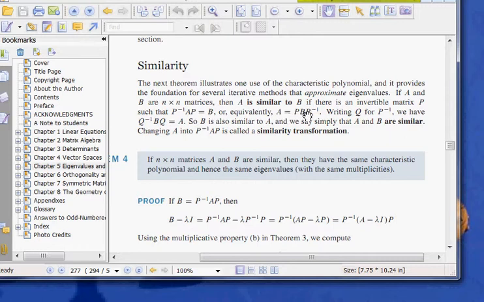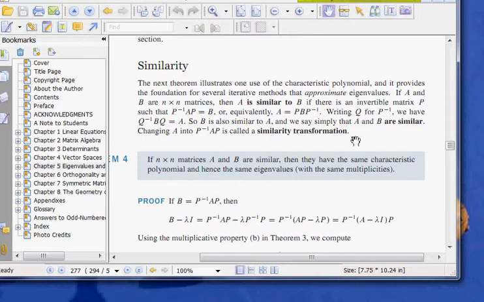So now that we know that this works, if you substitute this Q for this P inverse, then we have this Q inverse BQ equals A. So just as we proved that A is similar to B, we also proved that B is similar to A. Therefore, when we prove them both ways, we can say that A and B are just similar, okay? We don't have to say A is similar to B or B is similar to A. They're just similar to each other.